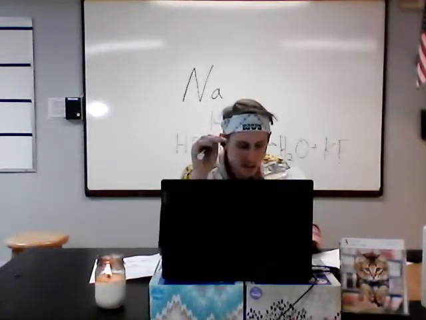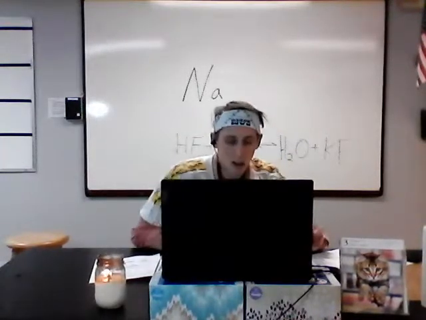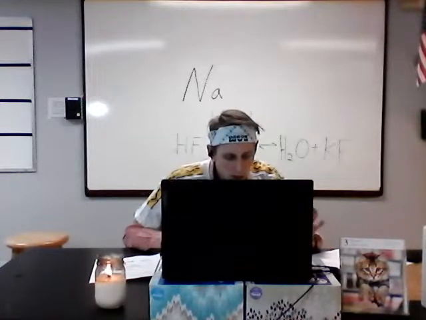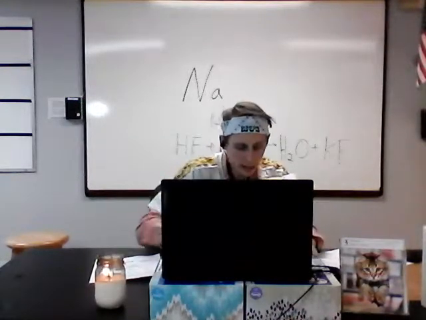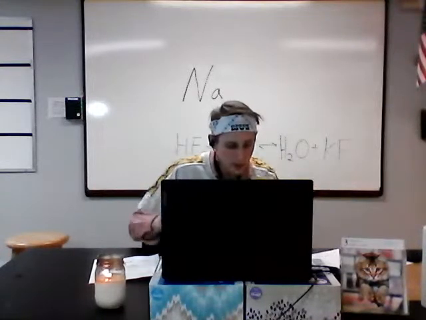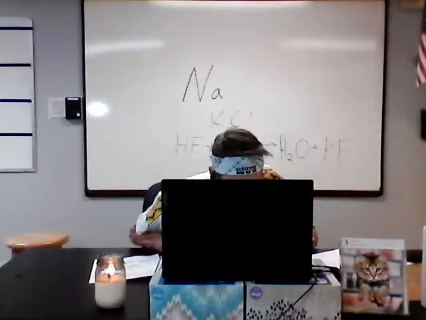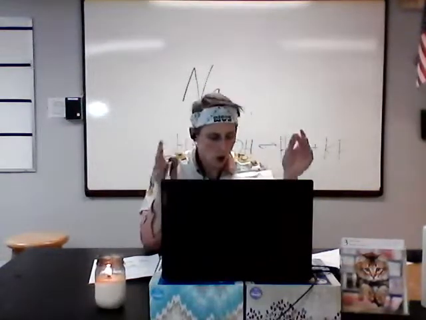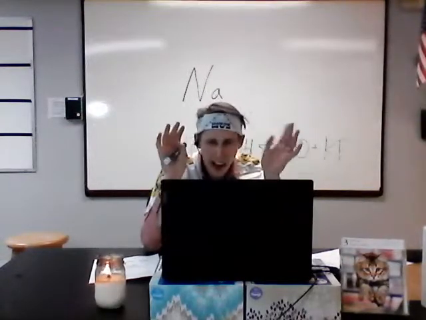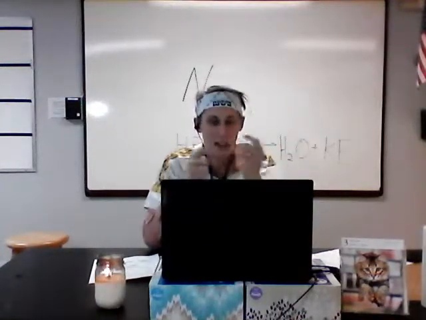We have lithium, potassium, calcium, sodium, magnesium. Notice that they react with H2O. Notice magnesium, aluminum, those react with steam. And then notice the very bottom, copper, Cu, mercury, Hg, Ag, and Pt. Those all don't really react with acids. So the further we get down that chart, or further to the right we get, they're not going to be as reactive. So that's activity series.